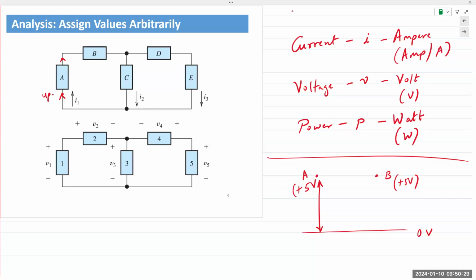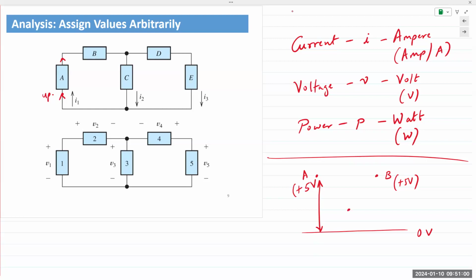Make sense? Voltage is the difference in electrical potential between any 2 points. Simply stated, it is the potential difference. Okay, long form is the difference in electrical potential between any 2 points. So it doesn't matter what the value of the voltage is with reference to ground, which is 0 volts, as long as they have the same exact voltage potential, then the difference is 0 volts, then the voltage between those 2 points is 0.